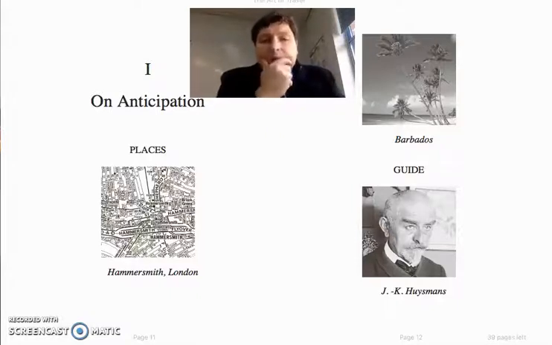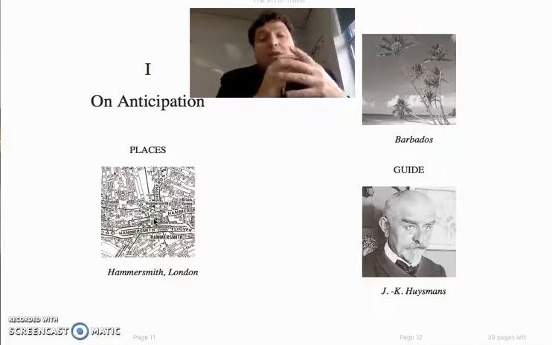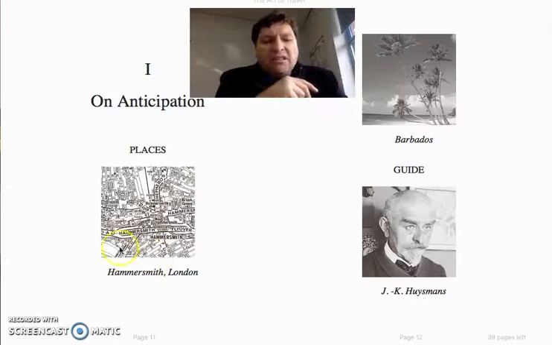But then we get these tiny squares of these photos. They're not even in photo frame sizes, and they're not framed either. They're just placed there. It's almost childlike. Black and white, overcrowded image of Hammersmith here in London.